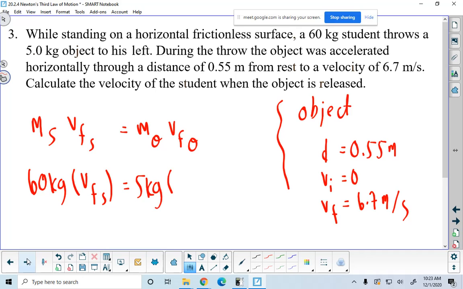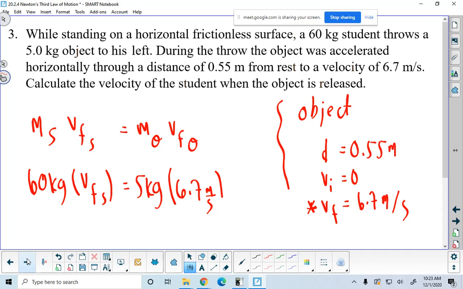And the object reaches a speed. You may be confused by the VF wording here. This just means that's the speed of the object at the instant the student lets it go. So we can put 6.7 here and solve the problem. Again, had I asked you for the distance that the student moves, that is more complicated.